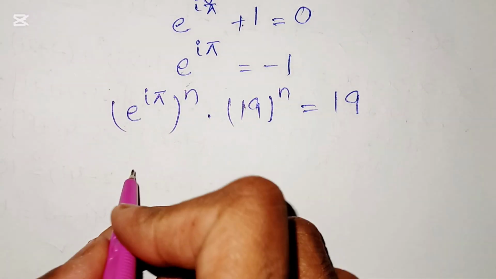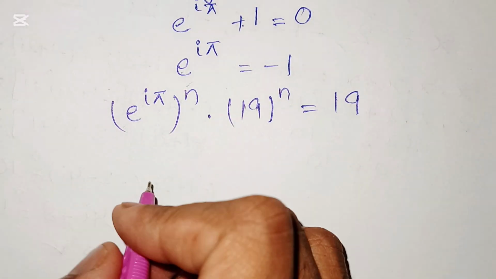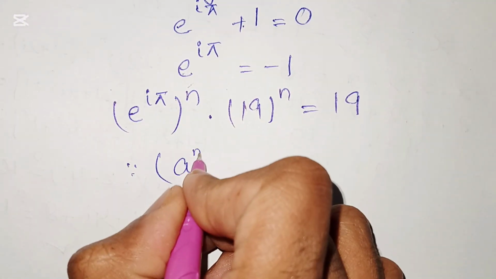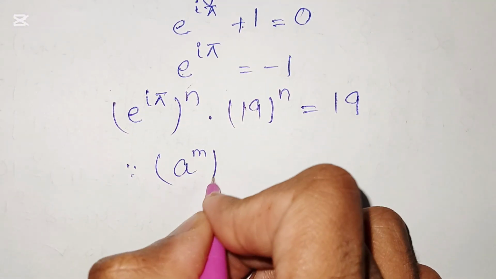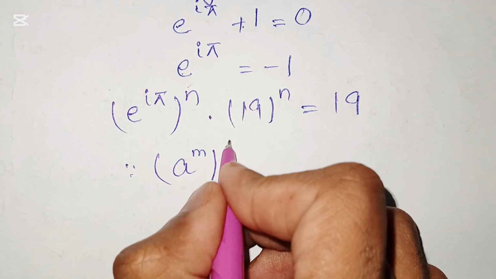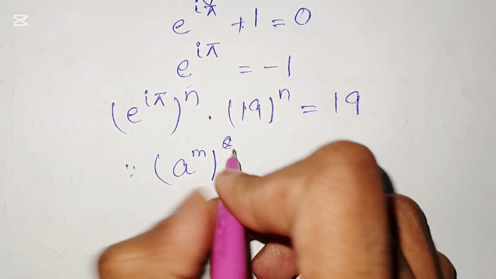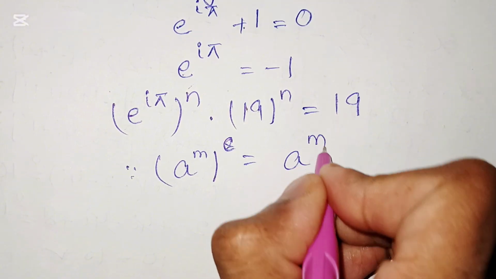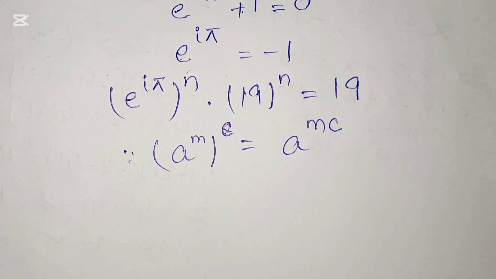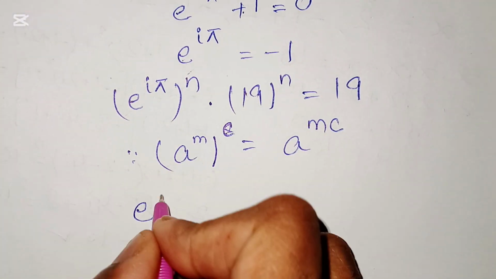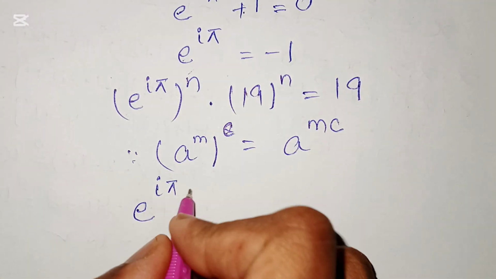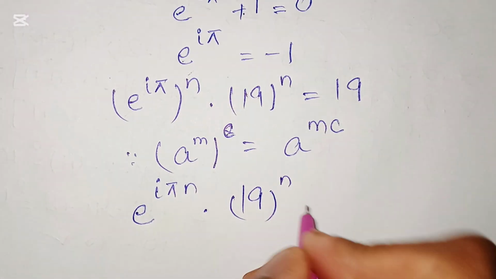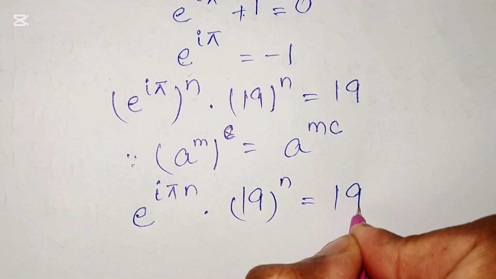Now we know that a power m whole power c can be written as a power mc. So it will be e raised to the power i pi n times 19 power n is equal to 19.